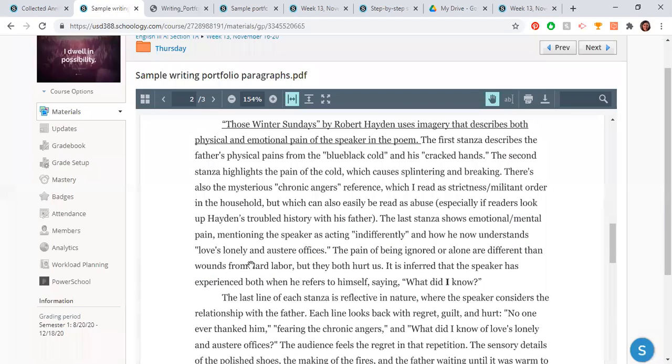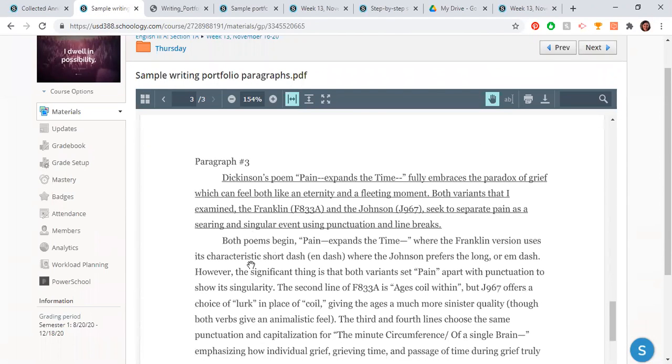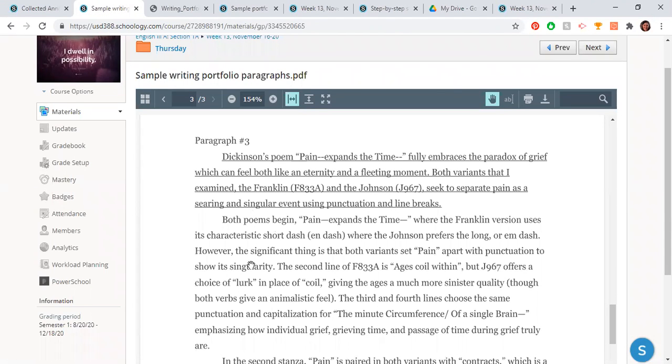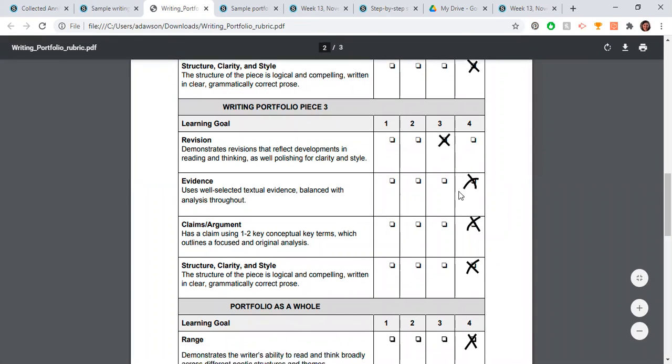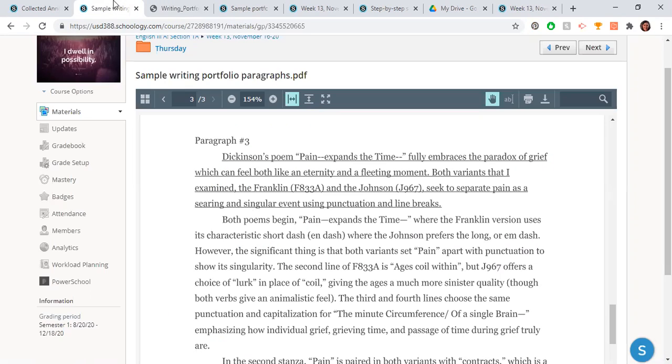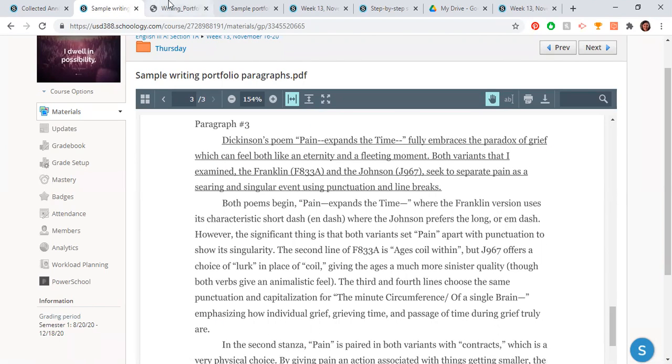Then piece 3, I put the strongest piece of this portfolio at the end, right? So it says it's separating pain as a singular and a series event using punctuation and line breaks. So though it hasn't necessarily been revised, it's definitely very clear.